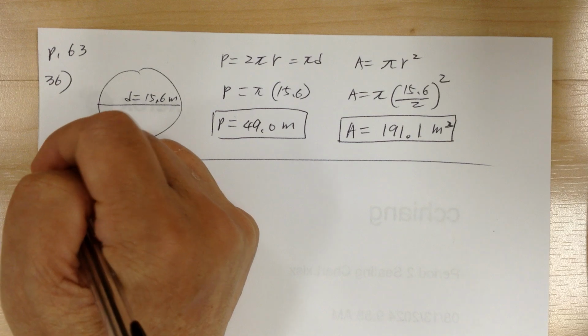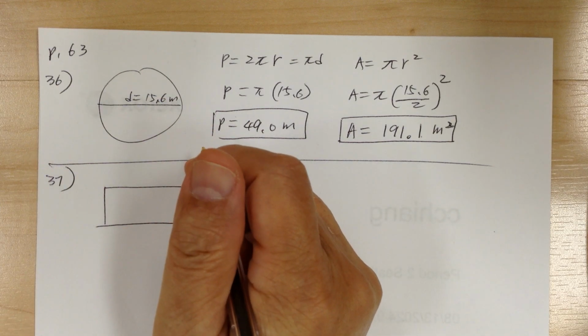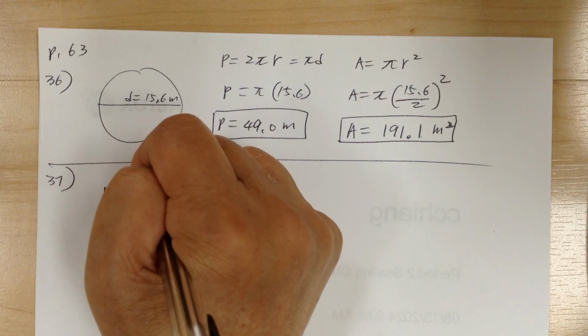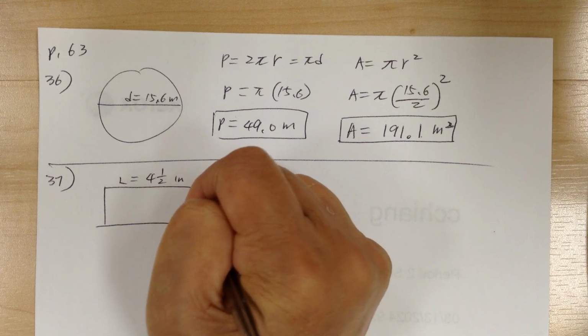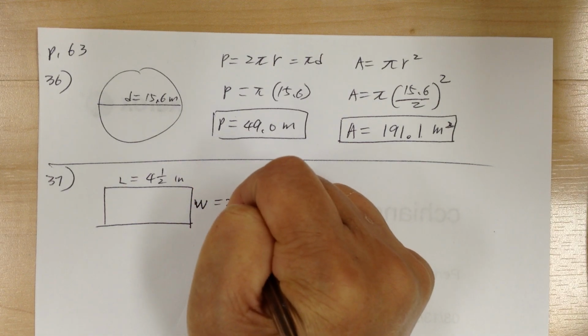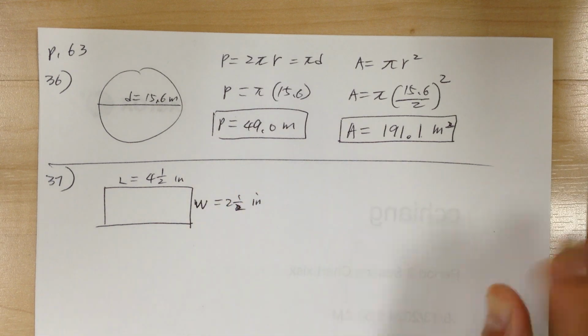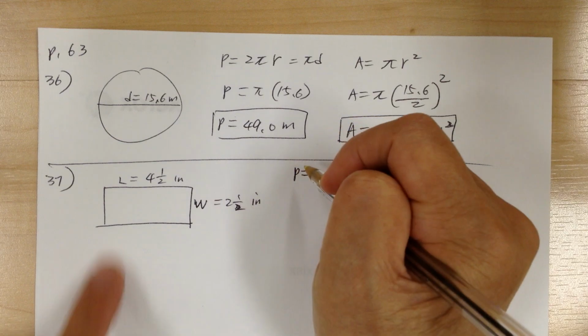Number 37, a rectangle with length equal to 4.5 inches and width equal to 2.5 inches. So again, the perimeter equals all four sides.